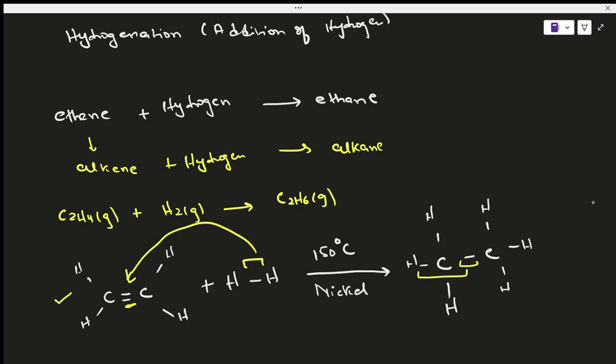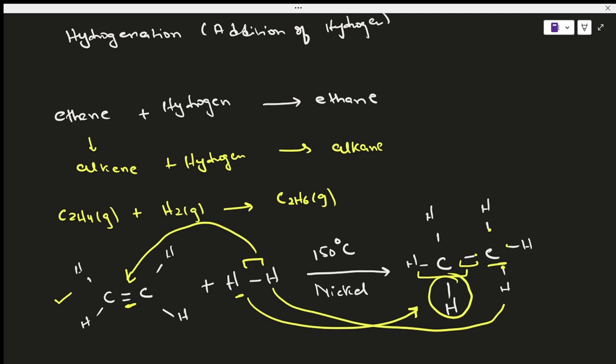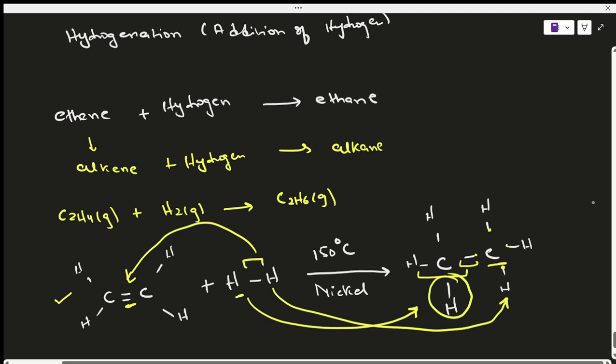So at this place, because it needed to cover the 4th bond, this hydrogen gets attached. And the same goes for this carbon, because after the double bond was broken, it has 1, 2, 3 bonds here, and the 4th one is where this hydrogen gets attached. So this is how the reaction proceeds. I hope this is clear.